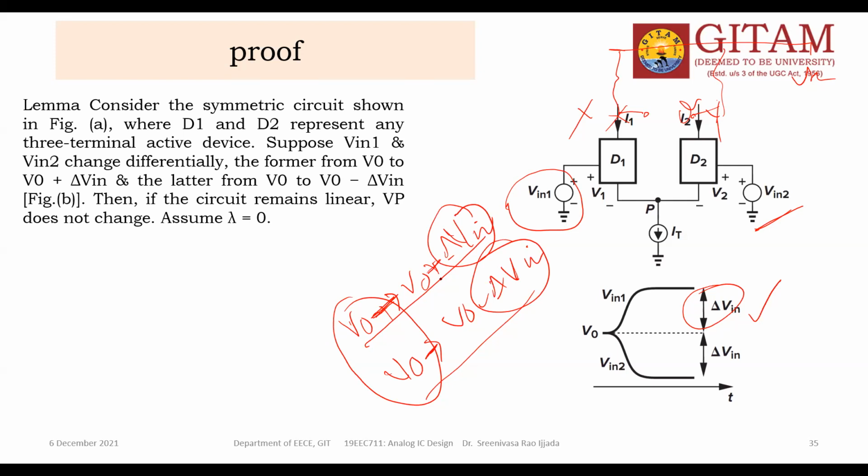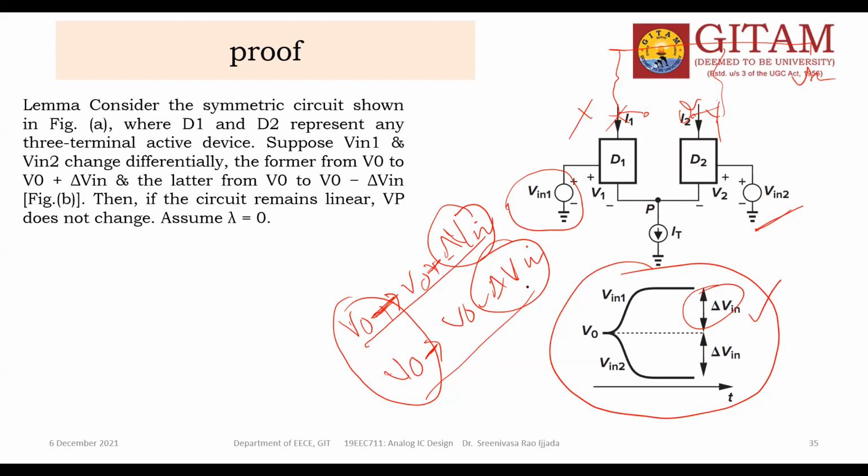So why am I stressing these two points? Because they are very important. I hope you understand. From this graph or this picture you can understand that V0 is the equilibrium voltage at both sides. Generally what do we call it? Common mode voltage. Exactly, you are right.